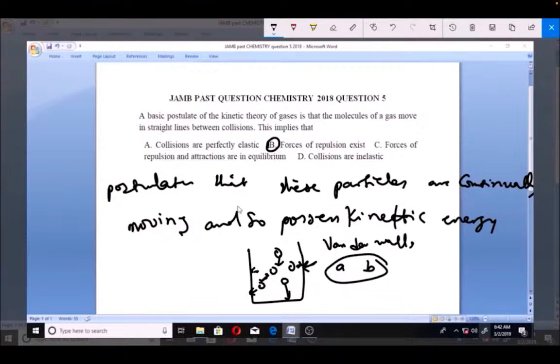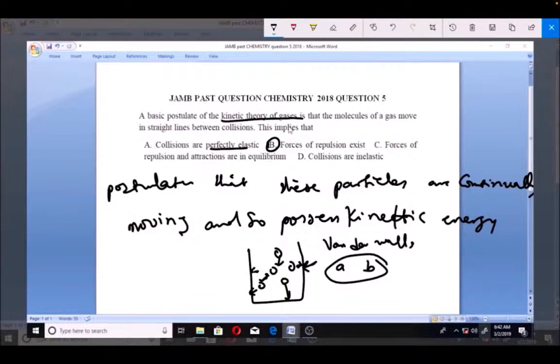Whenever you talk about kinetic theory of gases, you must mention the forces of repulsion that exist between the molecules, which enables pressure to be created due to the collision with the walls of the container. So, if you go by elimination, perfectly elastic is not there. That's what we're looking at in the kinetic theory of gases.